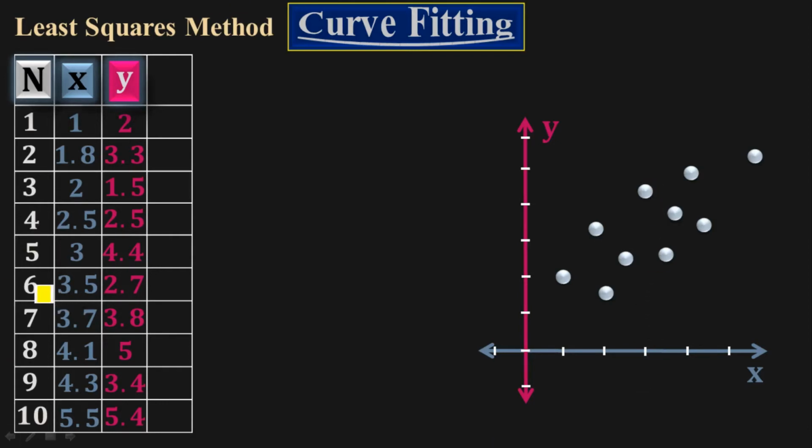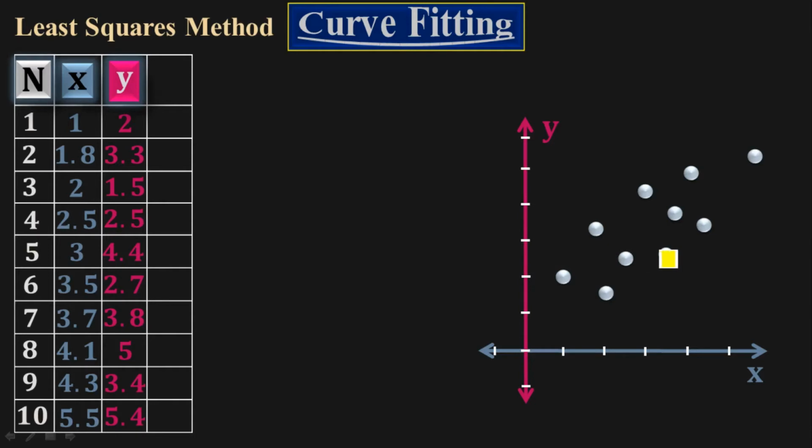Sixth point is at 3.5 along the x-axis and 2.7 along the y-axis, somehow here.